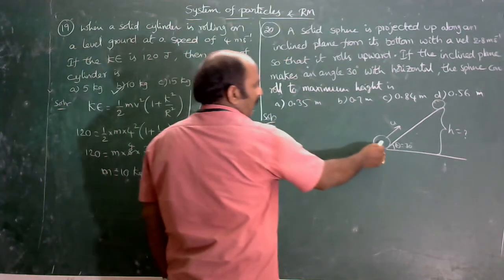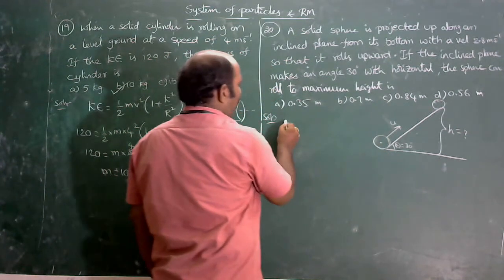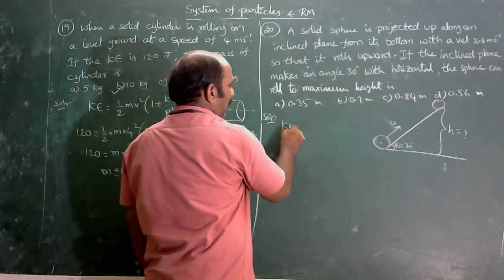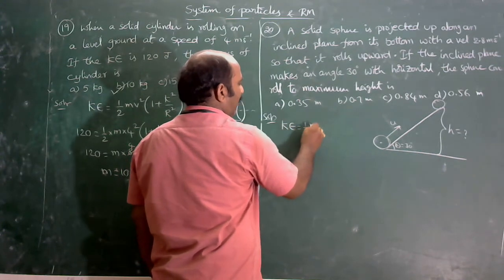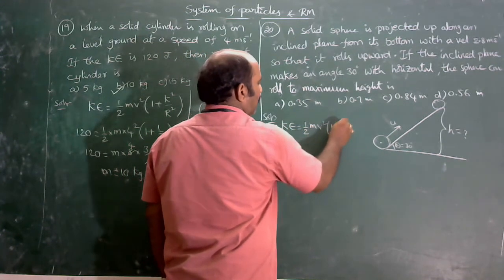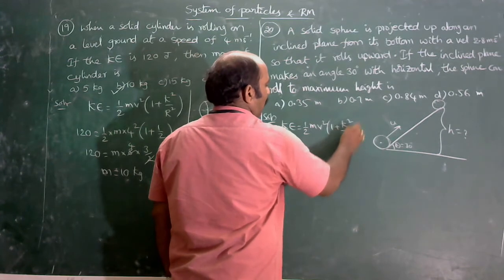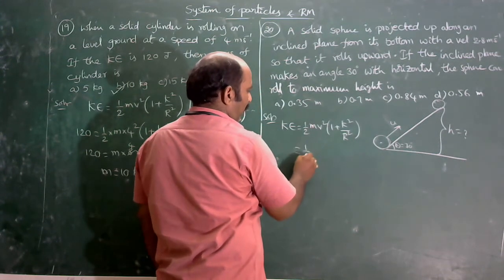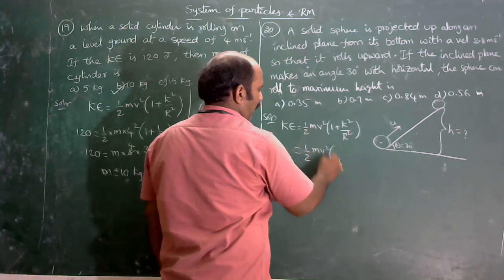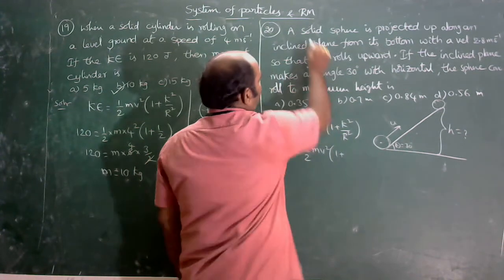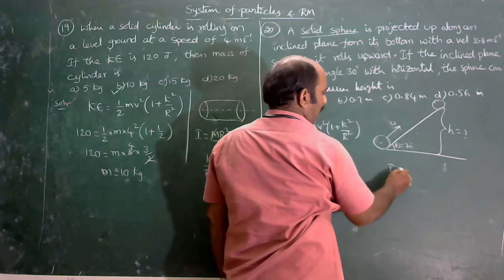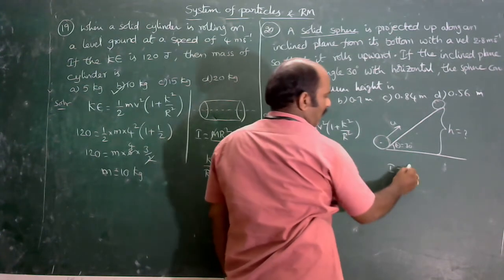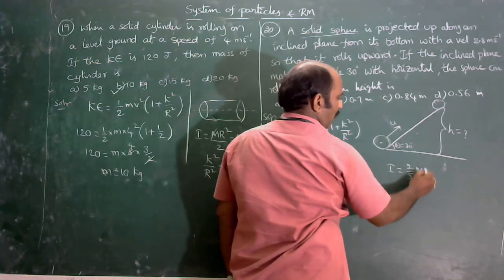You know here the rolling body kinetic energy K is equal to half mv square of 1 plus k square by r square. Here, for a solid sphere, I is equal to 2 by 5 mr square.